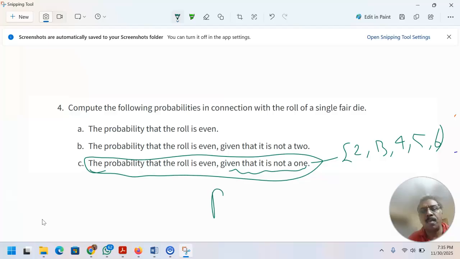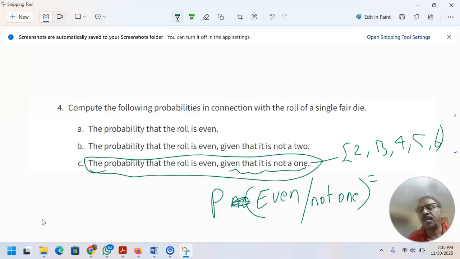So this is the probability that it is even, given that it is not one, and you want to know it is even when you know that it is not one, right?